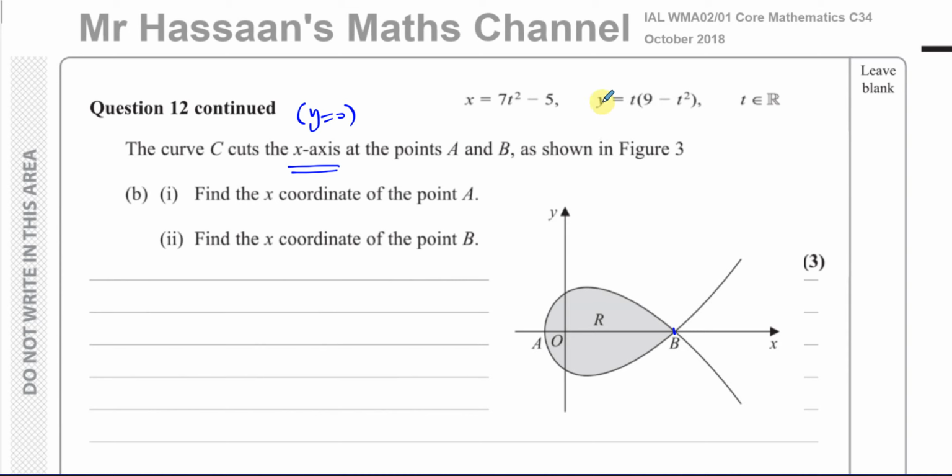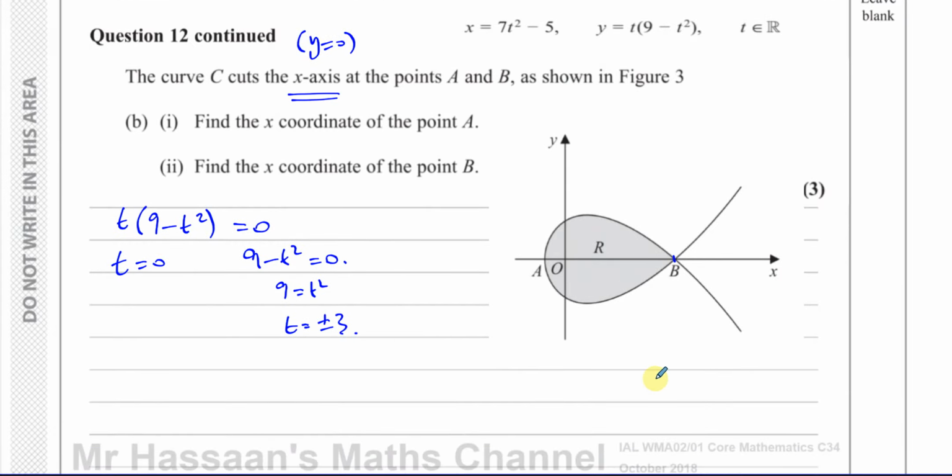So if I replace y with 0 in the equation y equals t times (9 minus t squared), I can see that I'm going to get three solutions. Either t equals 0 or 9 minus t squared equals 0, which means that t squared equals 9. So t can be either positive or negative 3. So t equals 0 and t equals plus or minus 3.